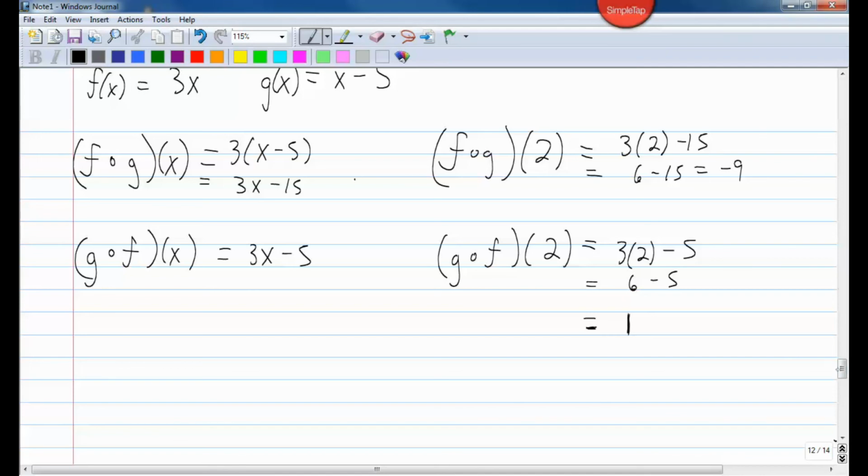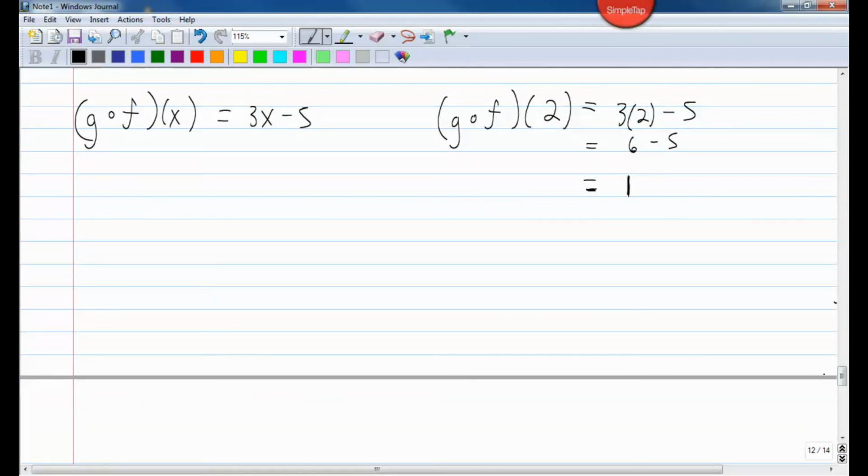Let me do one more example. Let's say that my two functions were f of x equals 7x plus 1 and g of x equals 2x squared minus 9.